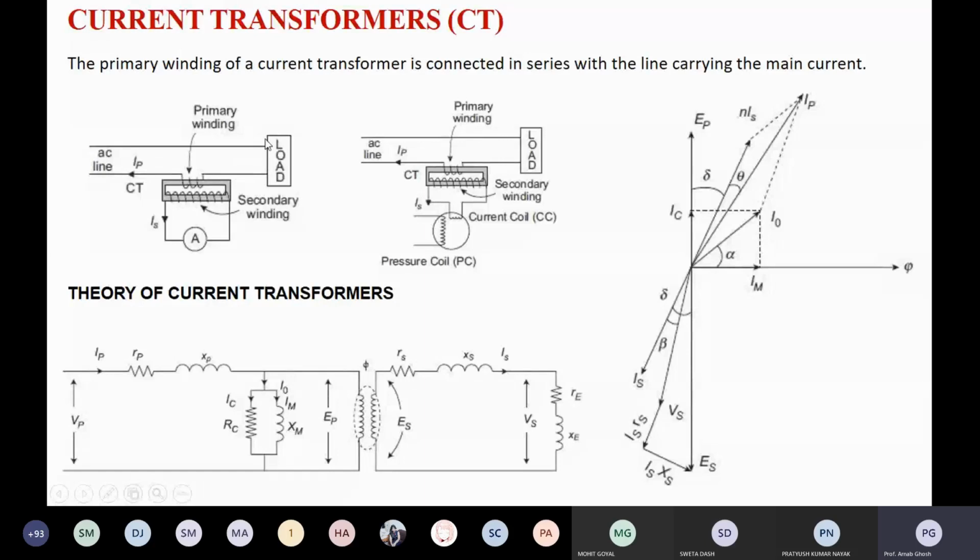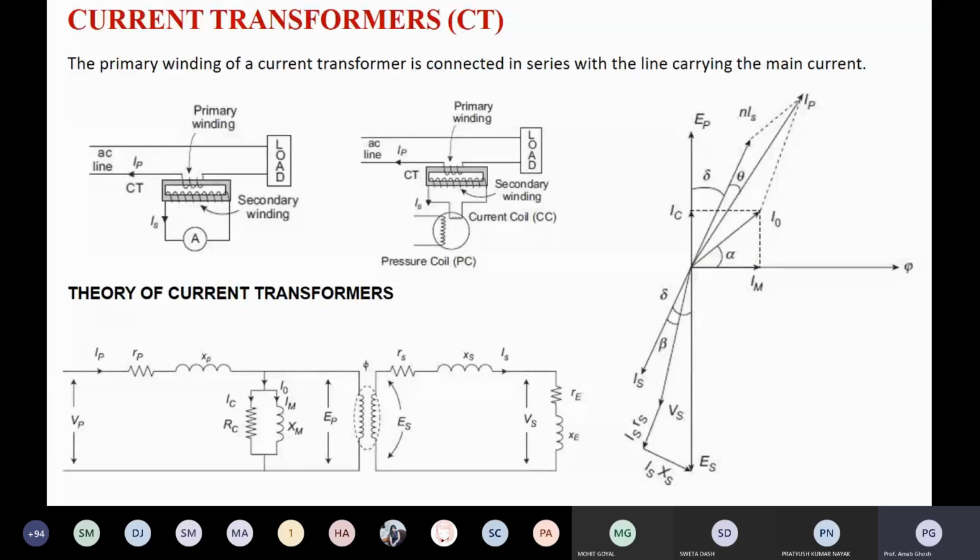After getting the secondary current you can easily find the primary current, because you know the turns ratio equations of the transformer. So what is that formula? V1 by V2 equal to I2 by I1 equal to N1 by N2. Here N1 is the number of turns on the primary side and N2 on the secondary side.